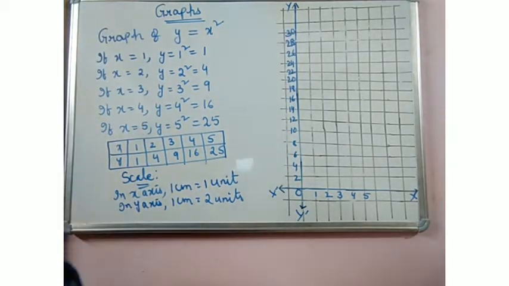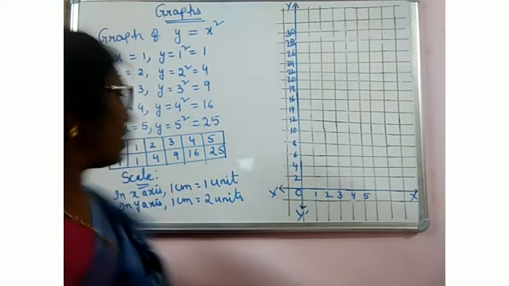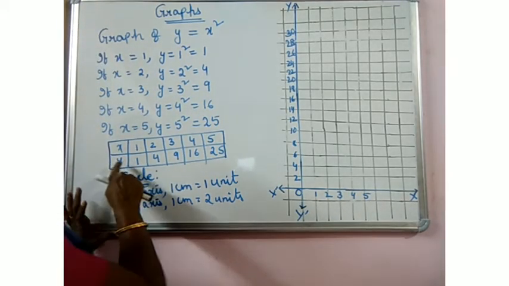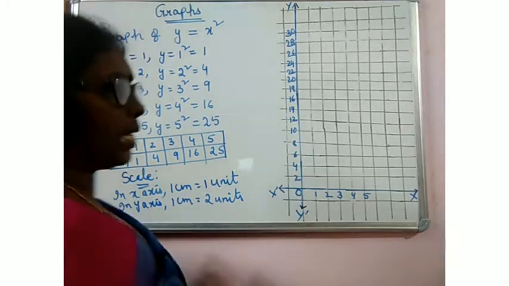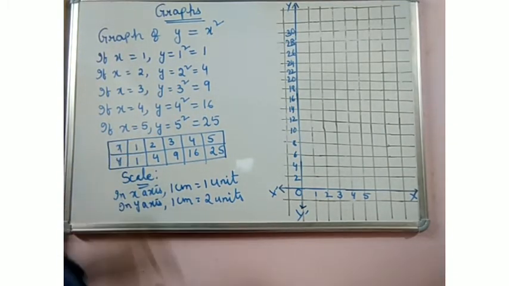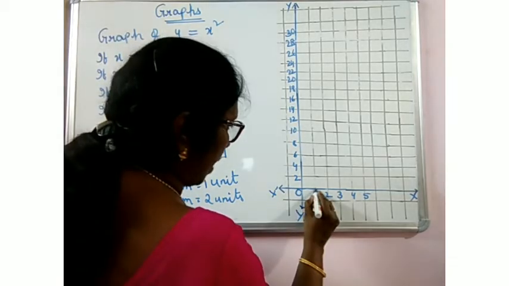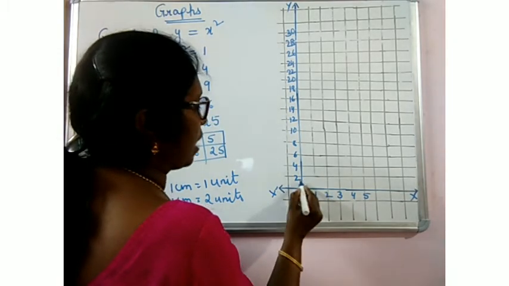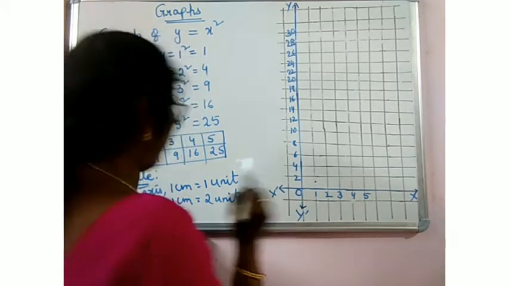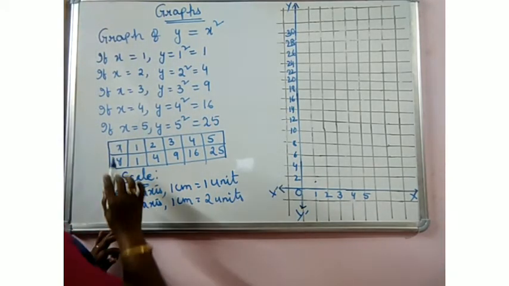Now we have to plot the points. Taking the values of x as x coordinate and the values of y as y coordinate, we have to plot the points. Your first point is 1, 1. X coordinate 1, y coordinate here 2 is there. 1 means just the middle of this. I have plotted a point.